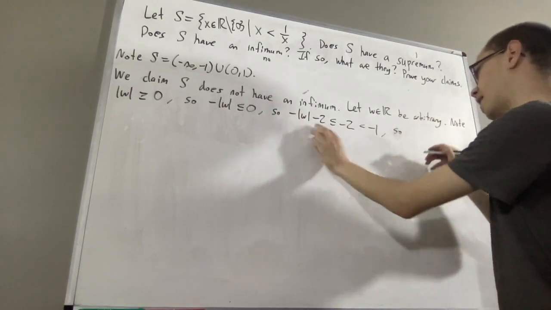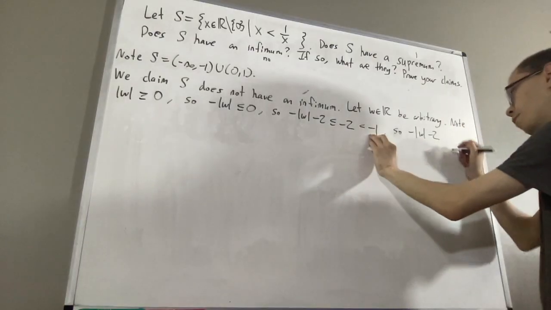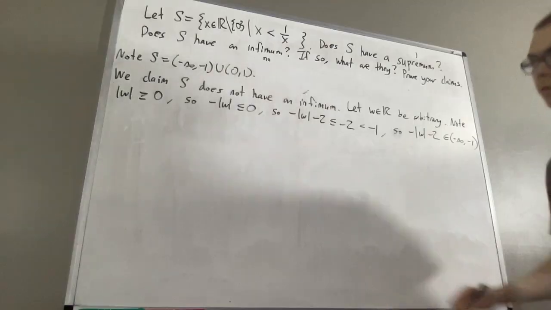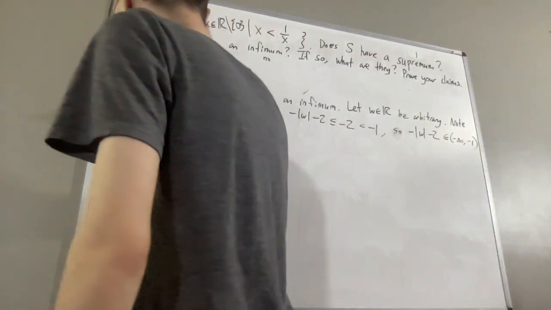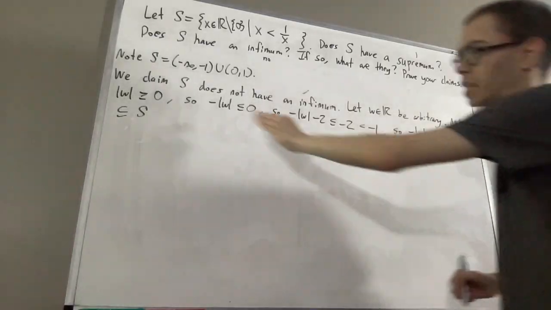So we see that negative absolute value W minus 2 is less than negative 1, so it's an element of negative infinity comma negative 1, which is a subset of S. So negative absolute value W minus 2 is an element of S.